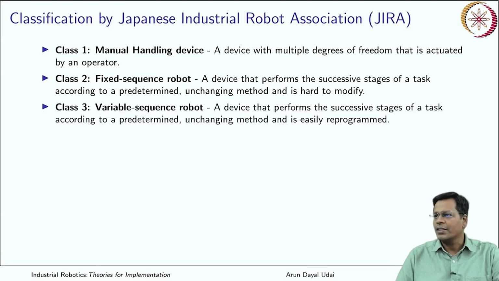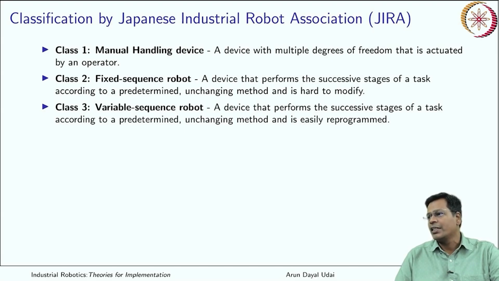Class 3 is a variable sequence robot, a device that performs successive stages of a task according to a predetermined method and can be easily reprogrammed. Here comes the programming aspect of a robot, and now it fits well into our definition of the robot, as we defined earlier in our first class.